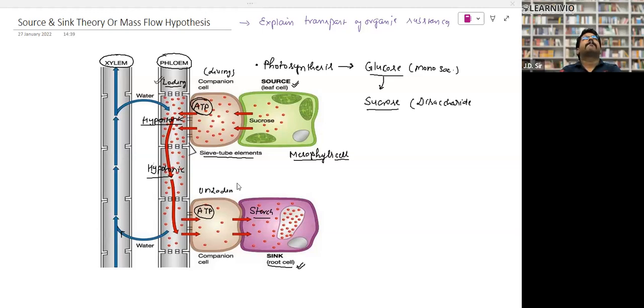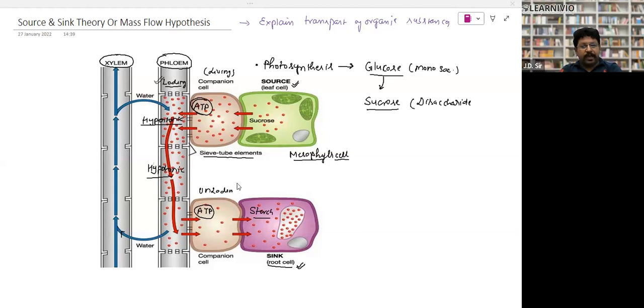This is passive as movement of sugar is taking place in direction of concentration gradient. Full stop.